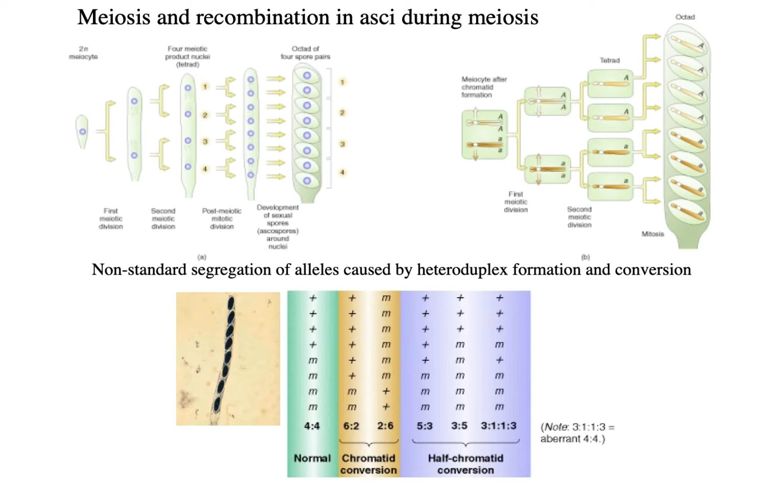And even in very rare cases, you would get 8-0 segregation, meaning that even though you had put in two different genotypes, you got only one genotype out on the other end, either the wild type or the mutant type. 8-0 or 0-8.